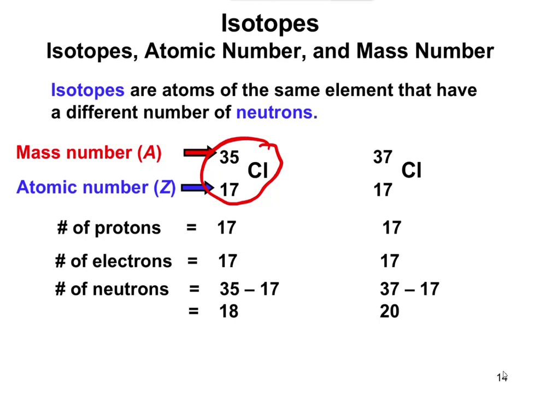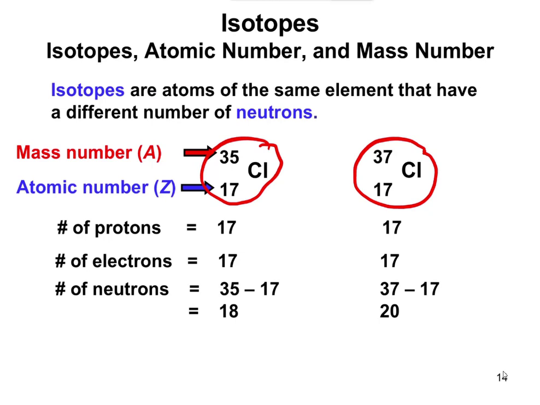Now, if we look at the example on the right, it's still a chlorine. The atomic number has to be the same. The atomic number for all chlorines is going to be 17. However, the mass number here is going to be different. The mass number, being this 37, is different, and what that means is we have a different number of neutrons.